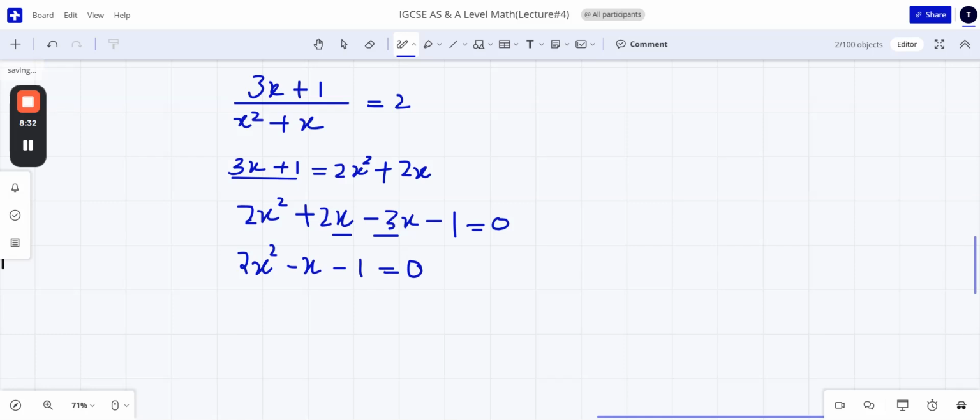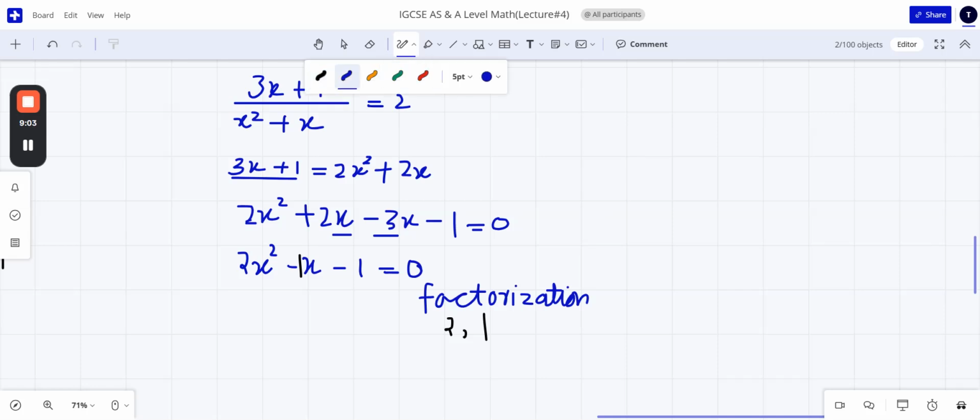Now we will apply the factorization method here. For the factorization, we need to first multiply the coefficient of x squared with the constant value. So 2 times 1 is 2, and it has only two factors, 2 and 1. 2 minus 1 becomes 1, which is the middle term. There is no coefficient, it will be 1. So bring down the first and the last value the same: 2x squared, then minus 1 equals to 0.